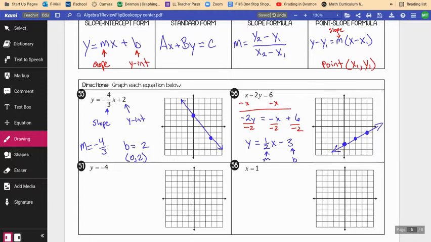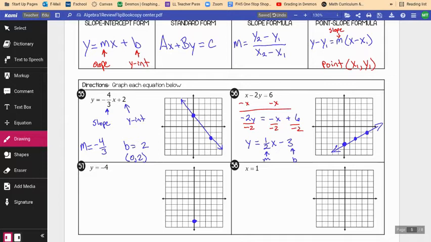Okay, so 51 and 58 are a little bit different. Notice that both of them only have one variable. So how do I show that? Number 51 says y is equal to -4. So that's technically my y-intercept, 1, 2, 3, 4.